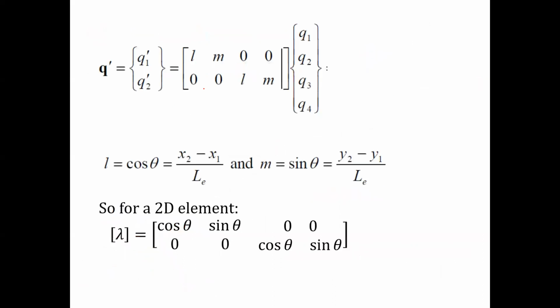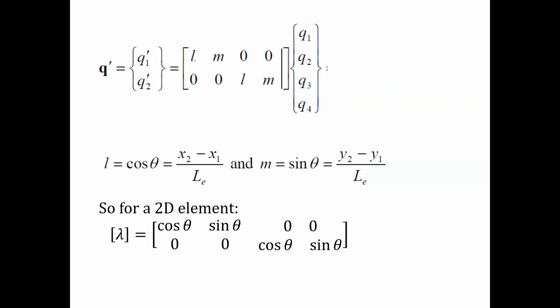Okay, so based on this you can come up with a transformation matrix which is going to be called lambda, and you can just take an inverse of that transformation matrix as well, depending on which direction you want to move, from q to q prime or from q prime to q.